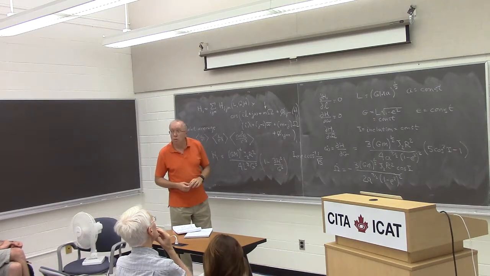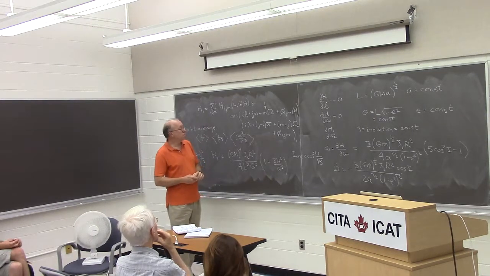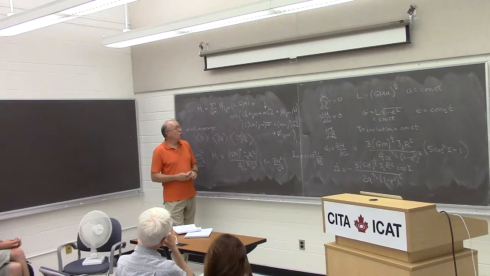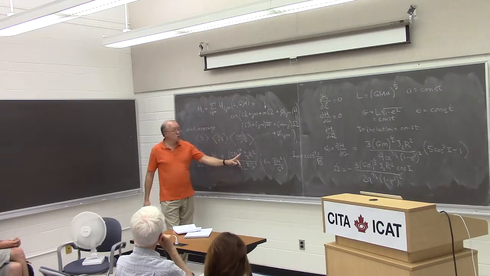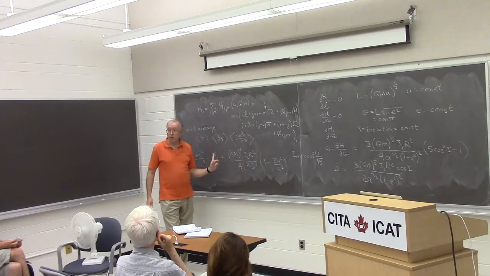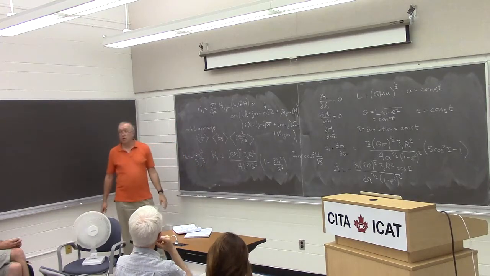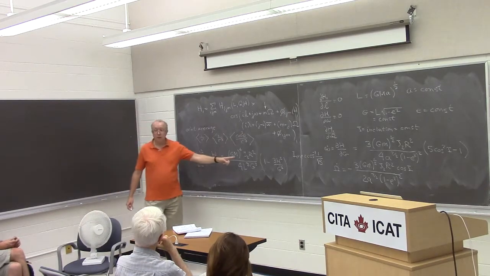Well, no, if you include J4, the Hamiltonian does depend on the argument of perigee. So it's an accident that only applies to J2.